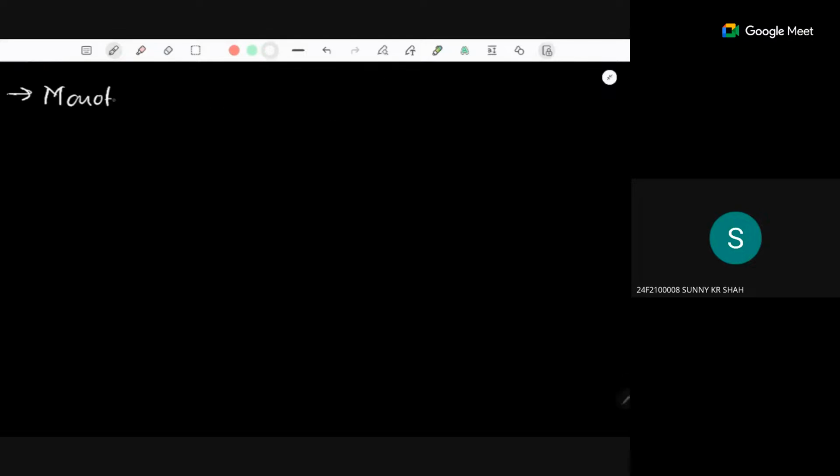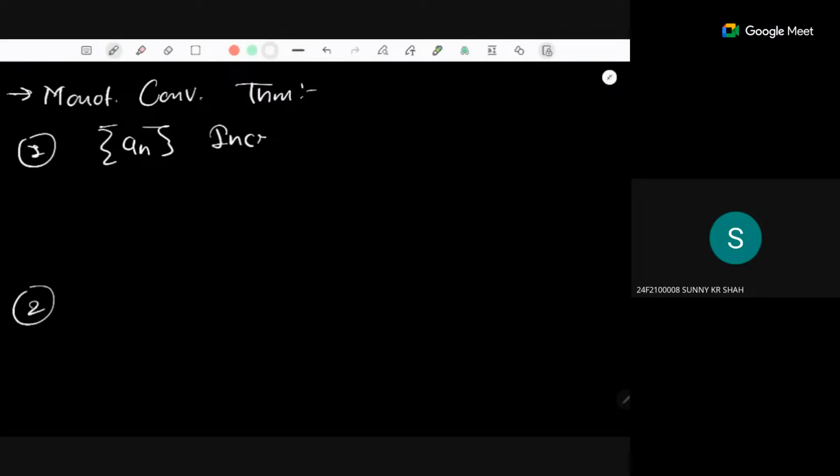So what is the monotone convergence theorem? It says, we have two statements. The first statement says if our sequence a_n is increasing plus bounded above, then the limit as n tends to infinity of a_n exists.